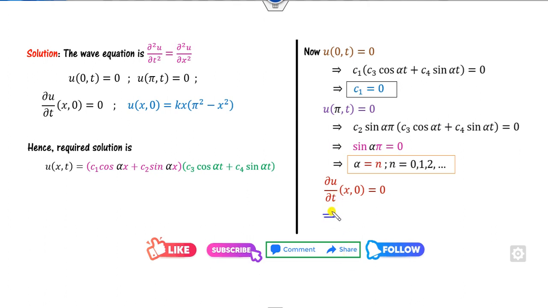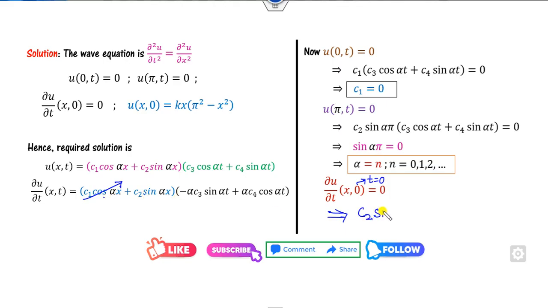In order to find this, we need del u by del t firstly. So you can find u with respect to time. You will get this expression. Now you can substitute t is equal to 0. C1 is already 0. So it becomes C2 sin alpha x. When t is equal to 0, sin 0 will be 0. And it is alpha times C4.